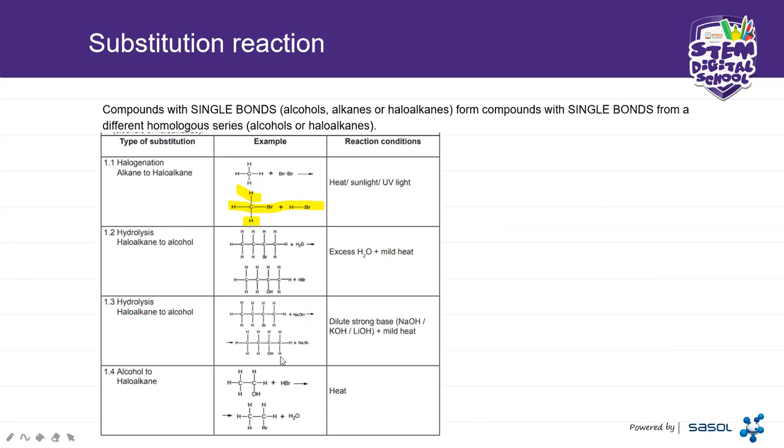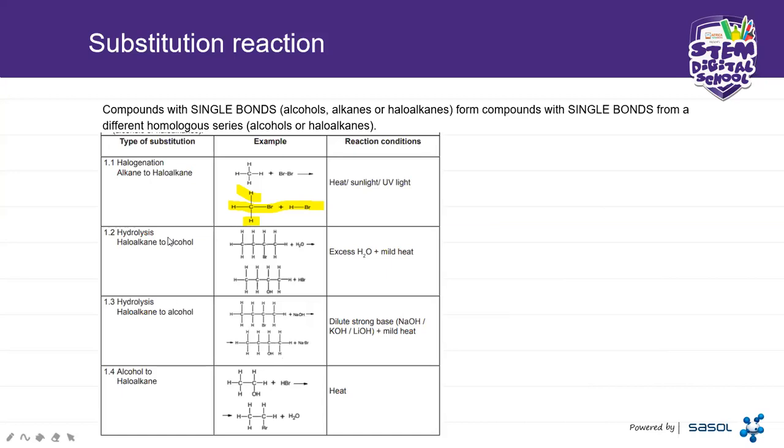So once they tell you it's a hydrolysis, what they want from you is an alcohol.